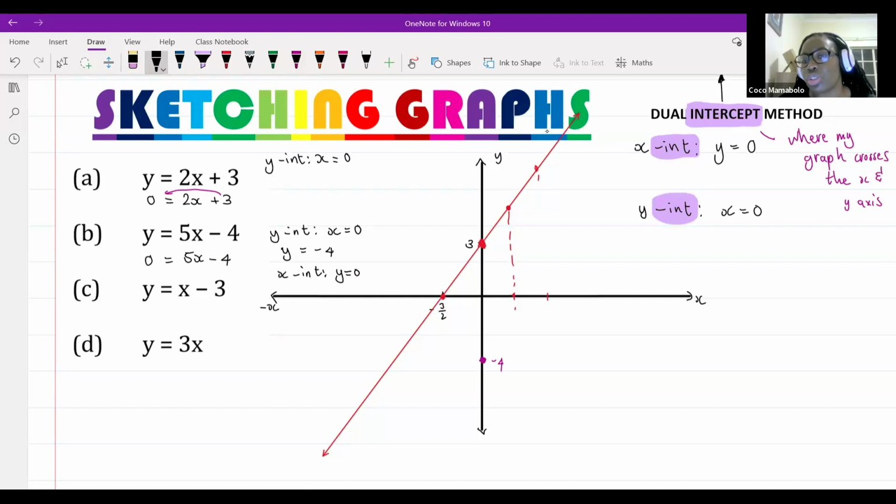Then I'm going to solve for x. I'm going to take my -4 over to the other side, and I'll have 4 is equal to 5x. Divide both sides by 5. So x is then equal to 4 over 5. I'm going to go to my x-axis at the point 4 over 5, and draw a dot.